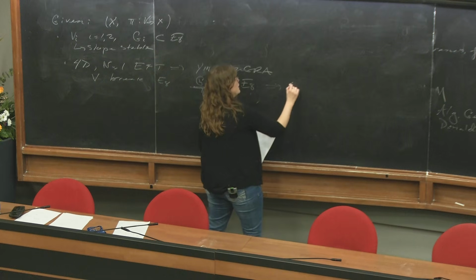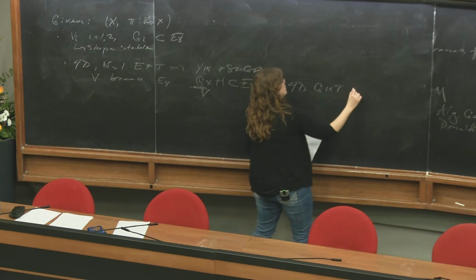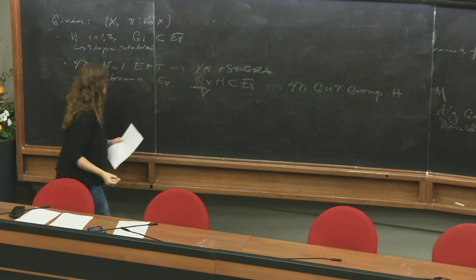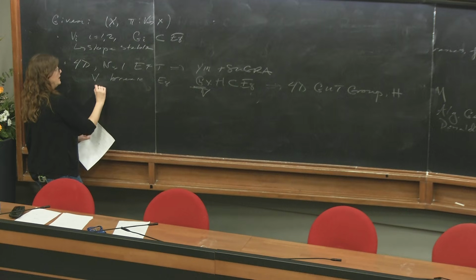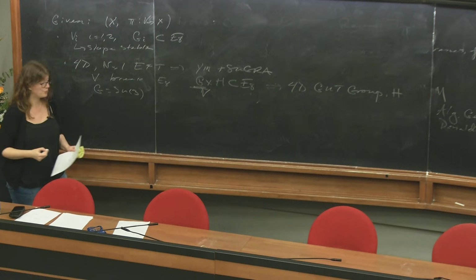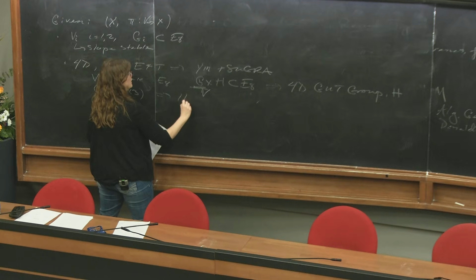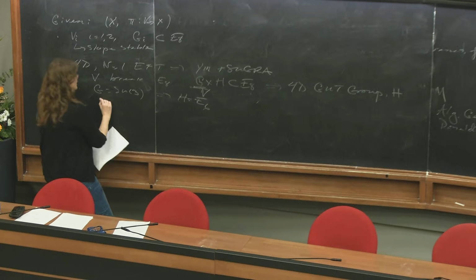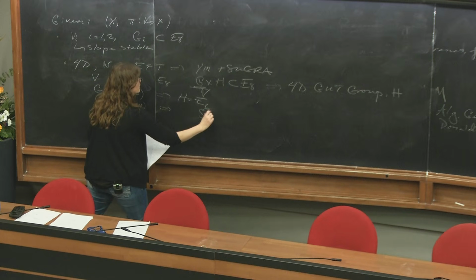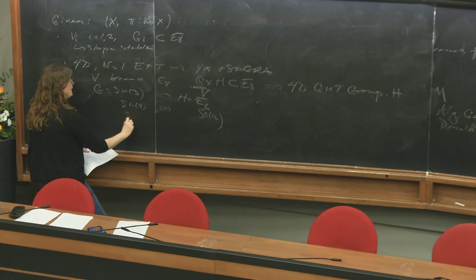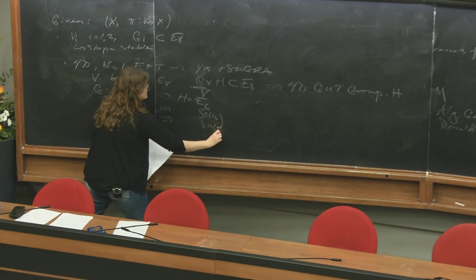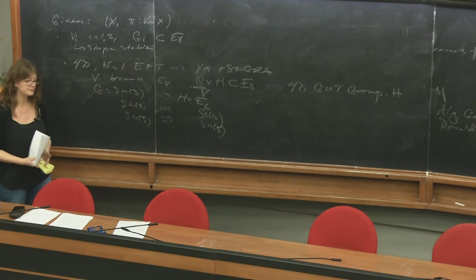So this will result in a 4D GUT group H. So for a classic set of examples, if you were to take G, the structure group of your bundle, to be SU3, the commutant of SU3 inside E8 is E6. If G were SU4, for example, this would result in an SO10 theory. And SU5, there's a maximal SU5 subgroup of E8, will lead to an SU5 GUT in 4 dimensions.